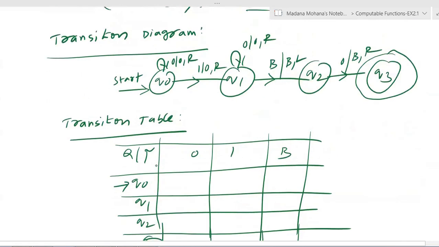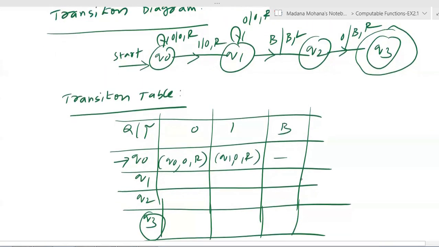Now q0 on 0, what we are getting, the right side move is q0, 0, right. Then q0 on 1, we get q1, 0, right. Then q0 on blank, you don't have any transition. Then q1 on 0, we get q1, 0, right.